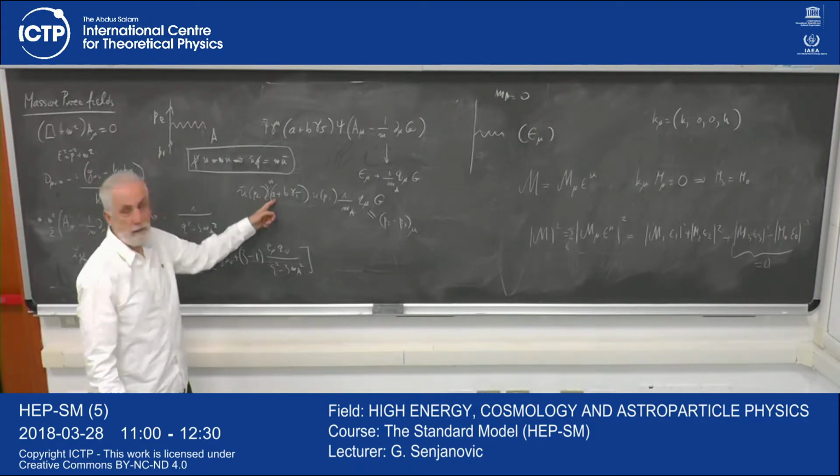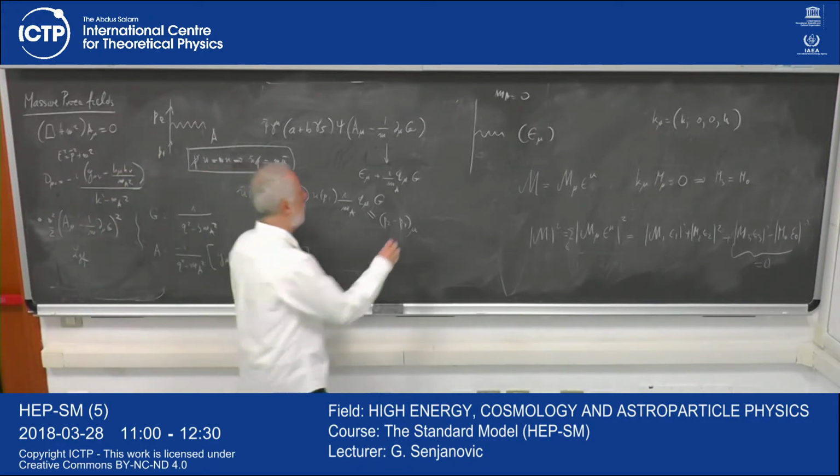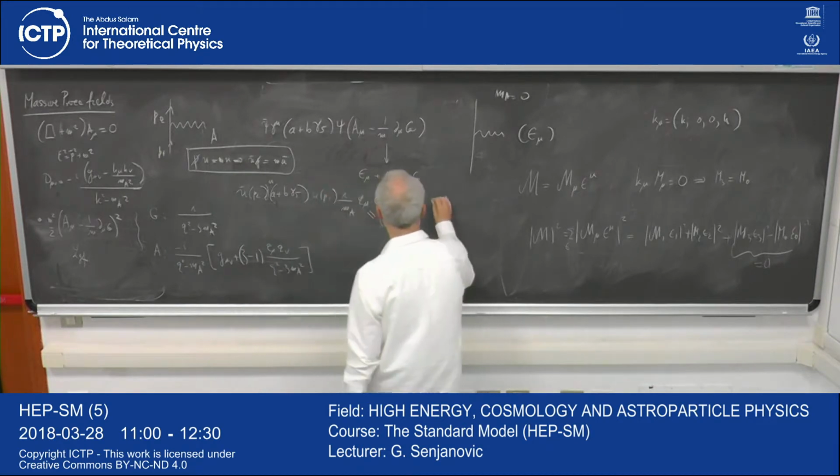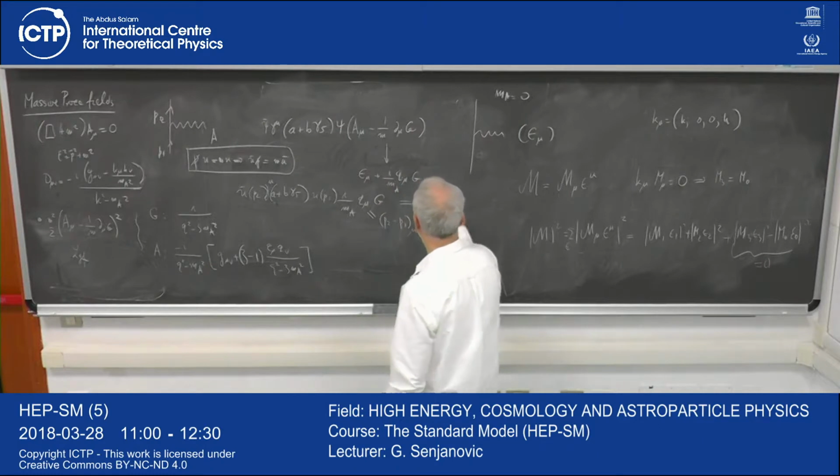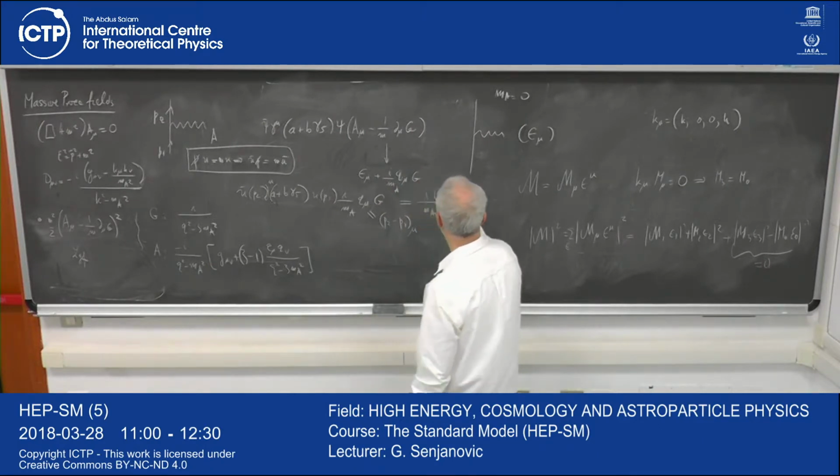Notice that the A piece drops out. If you wish, let's continue, you will get i over MA G, then u bar of P2.